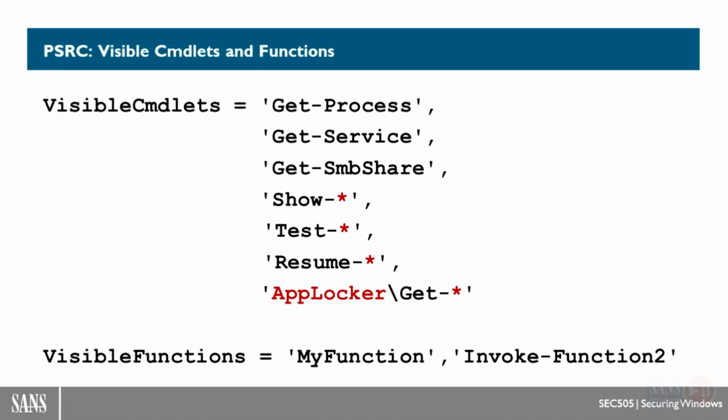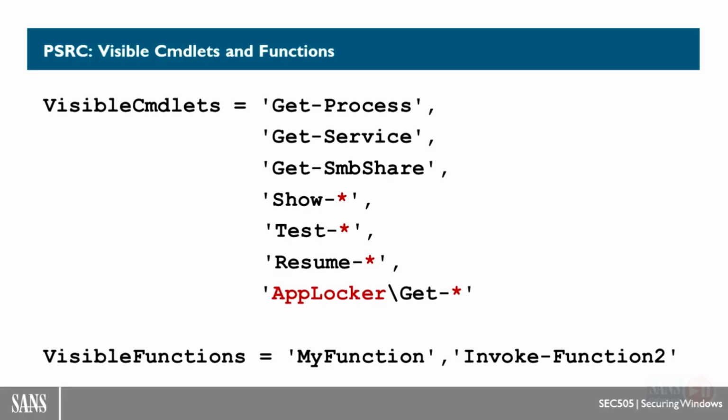You could put the names of all the allowed commands on one long line. That's perfectly fine. Or you can format it as shown in the slide, where you have a separate command on each line. That might make it a little bit easier to read and edit. You can list commands explicitly by name, like Get-Process or Get-Service, or you could use wildcards, like Show-* or Test-*.